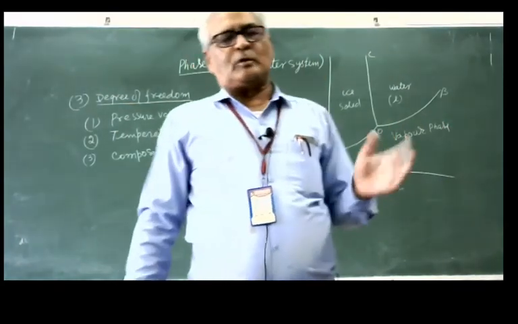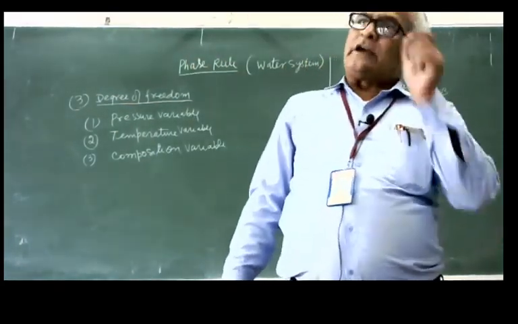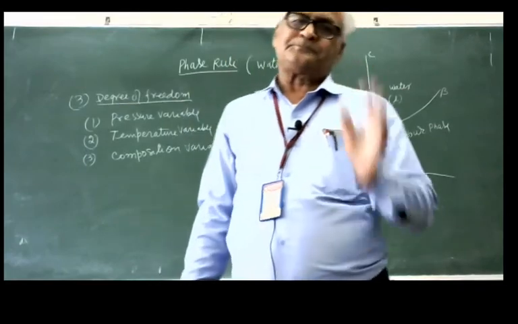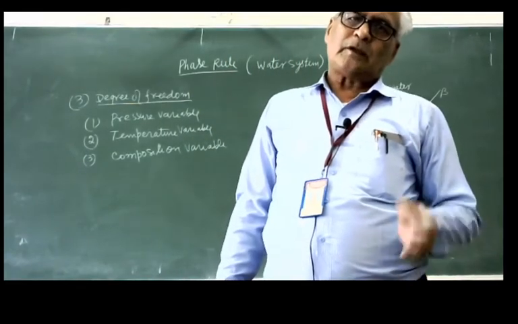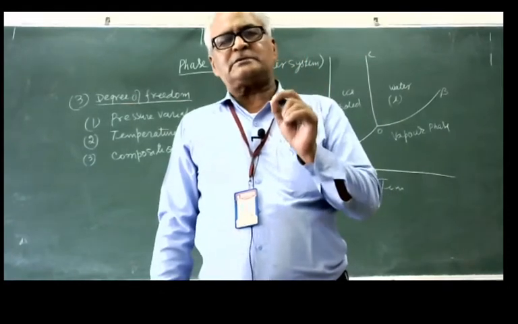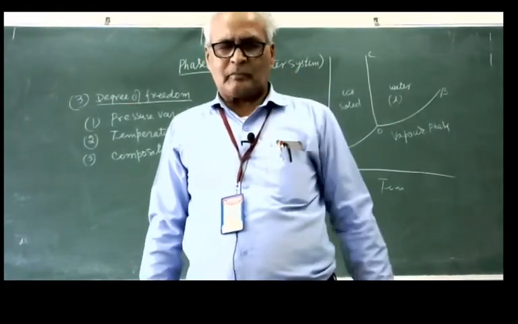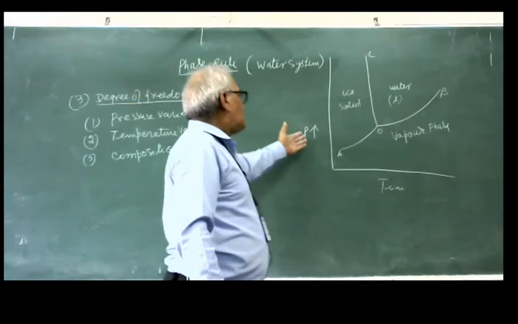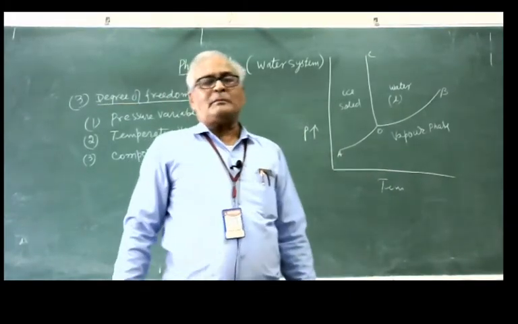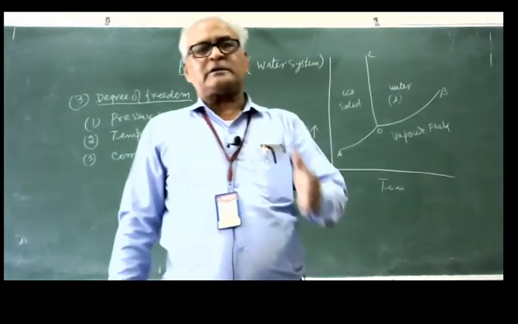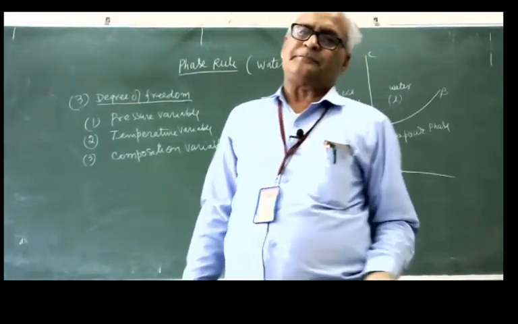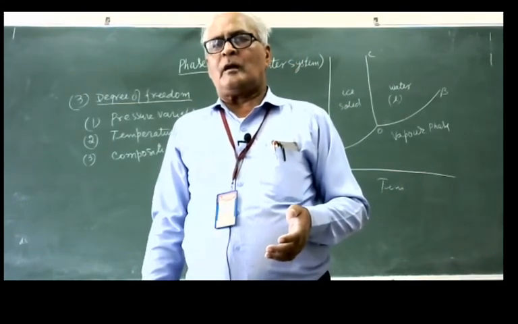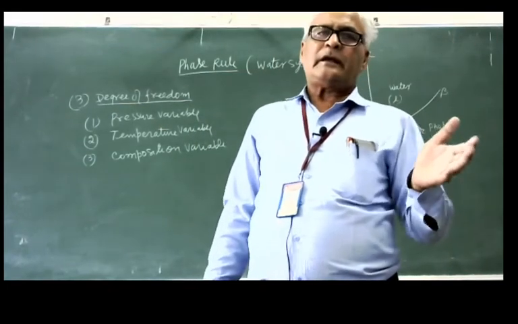So out of 3 variables, the degree of freedom means the minimum number of variables which must be specified to explain different phases in the system.